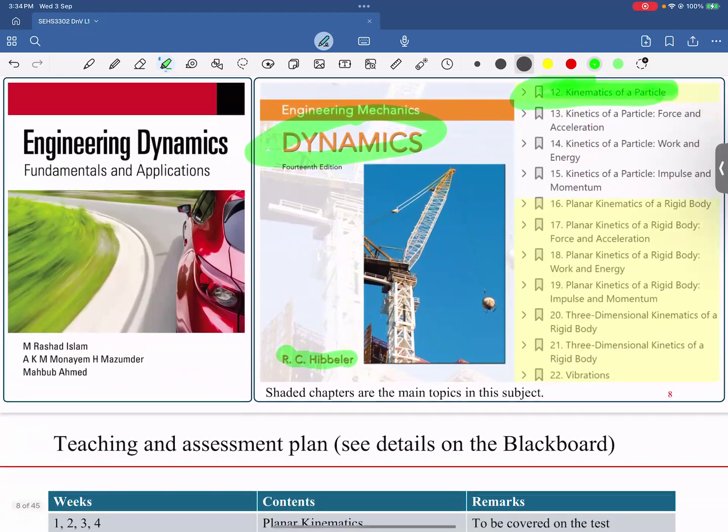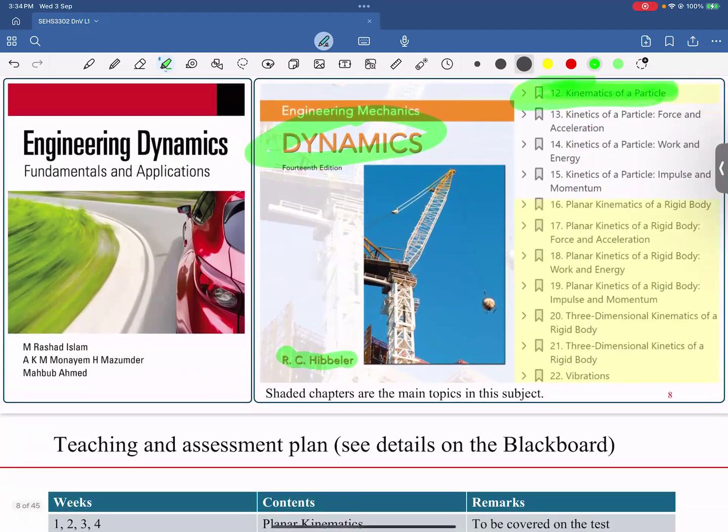So what we talk about are chapters 16 to 22. Chapter 16 is about kinematics, and chapters 17 to 21 are about kinetics.